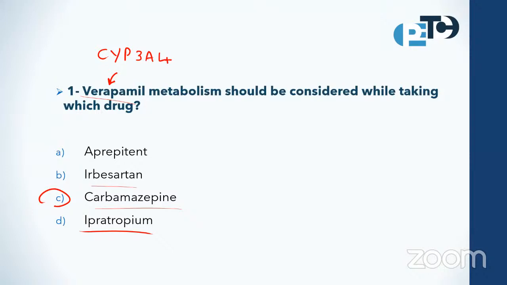Carbamazepine is an inducer, causing an induction of the enzyme cytochrome 3A4 and increasing its activity, leading to a decrease in the level of verapamil. Or what else? Decrease its T-half.